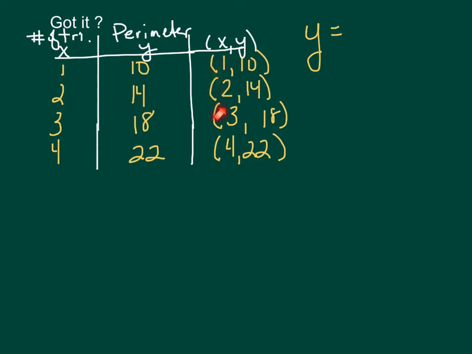If only the x increases by 1, and we'll get to problems where it doesn't, but as of right now, this does increase by 1. What happens to every y value? What's happening to your y values? They're increasing by 4. If they decrease, then it'd be a negative. So because it's increasing by 4, we put a 4x.